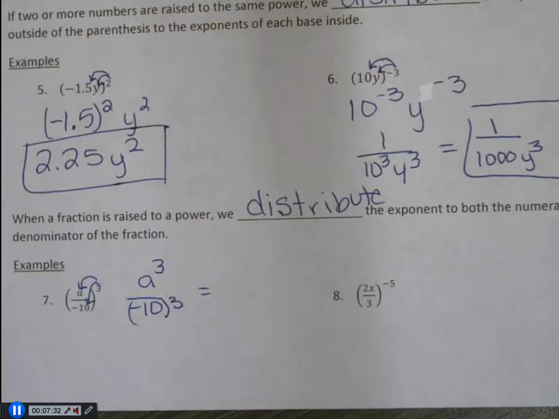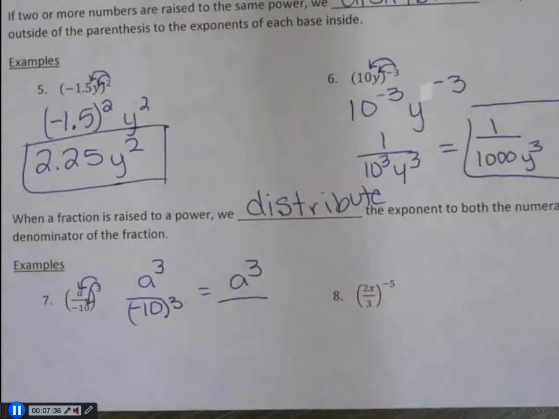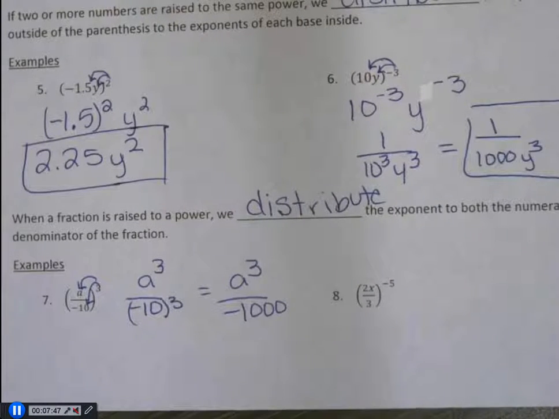What is a cubed? A cubed stays the same. What is negative 10 cubed? Negative 1,000, because I have negative 10 times negative 10, which makes positive 100. Positive 100 times negative 10 makes negative 1,000.